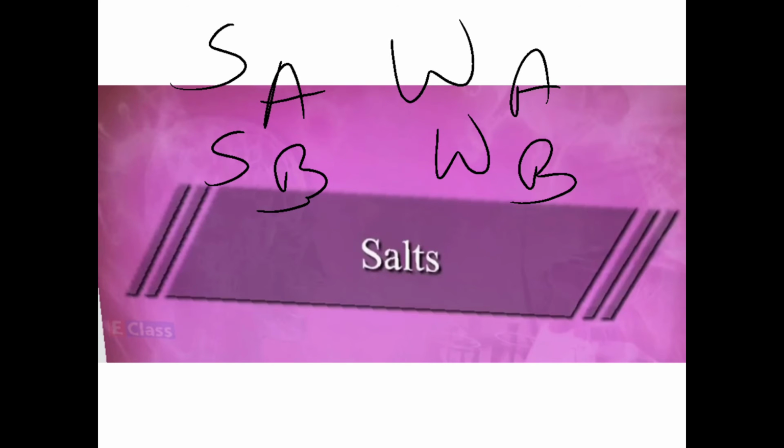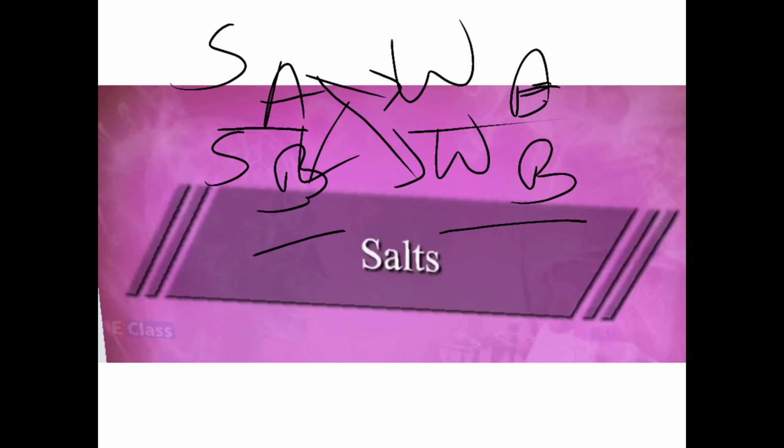Now the combination can be this acid and this base, strong acid and weak base. Correct? So strong acid can react with the strong base and the weak base also.